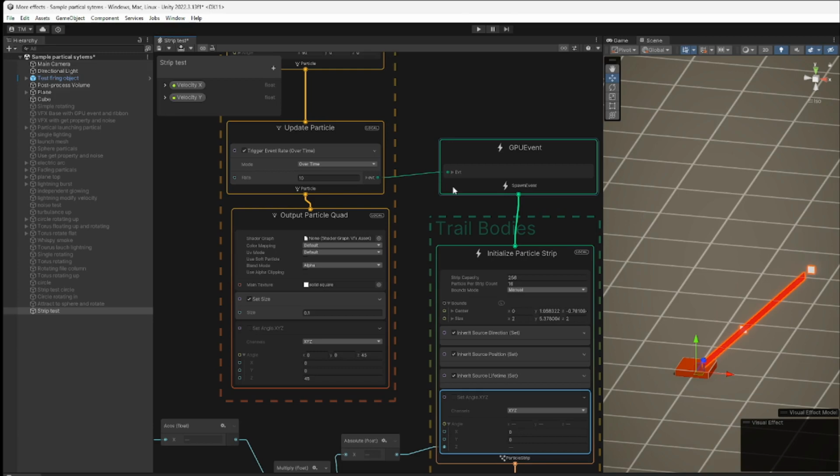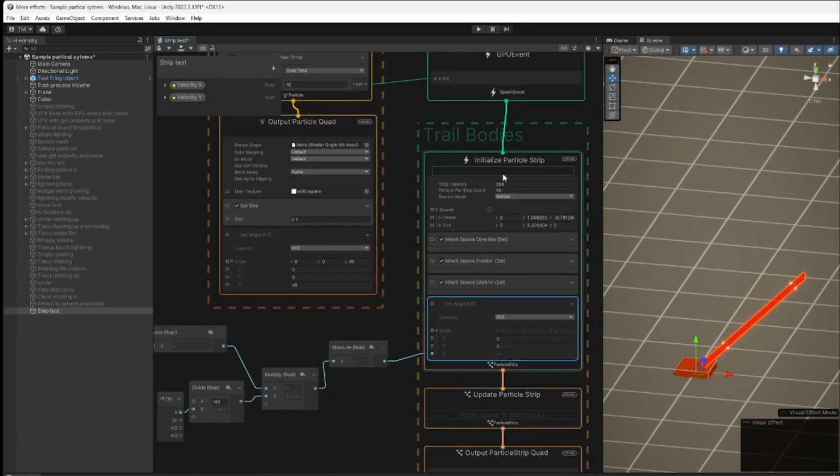It is going to be creating a particle strip item. That's what this trigger event rate over time is doing. This is the typical way you get a trail, you set that rate. The 10 is somewhat of an arbitrary number. In this case, it really doesn't matter.